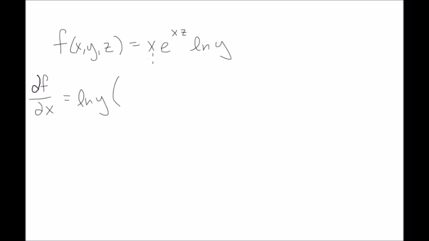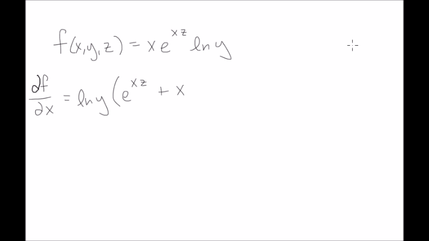So now I need to take the derivative of this term x e to the xz. Well, I'm going to use the product rule. The derivative of the first is 1, so I have 1 times e to the xz unchanged, plus x unchanged, and I need to take the derivative of e to the xz.